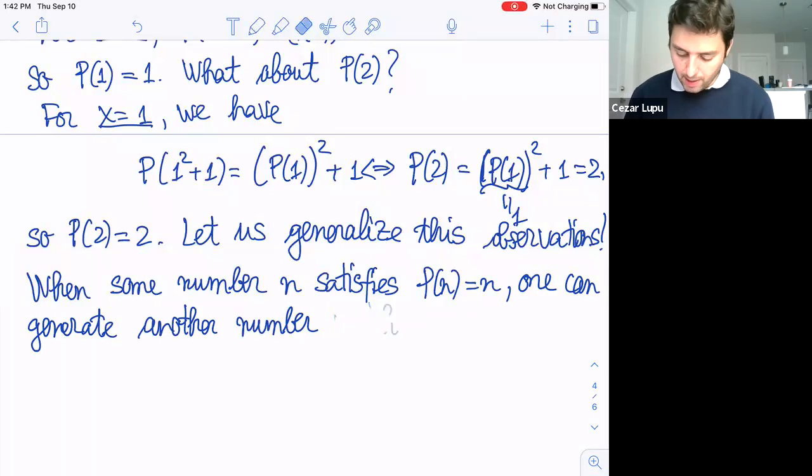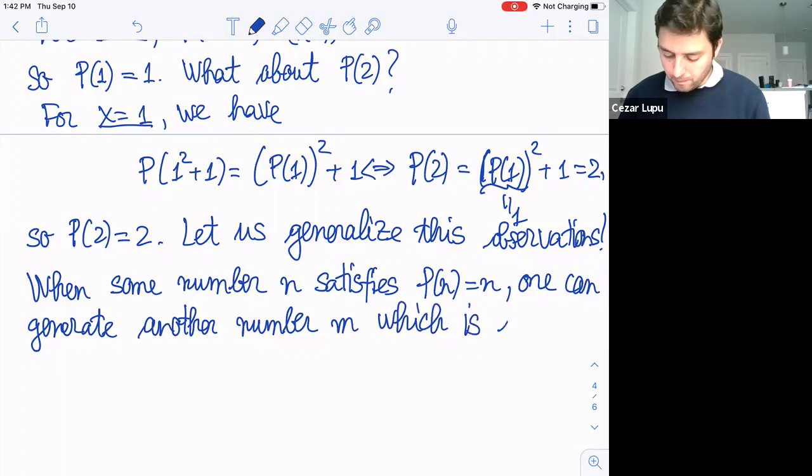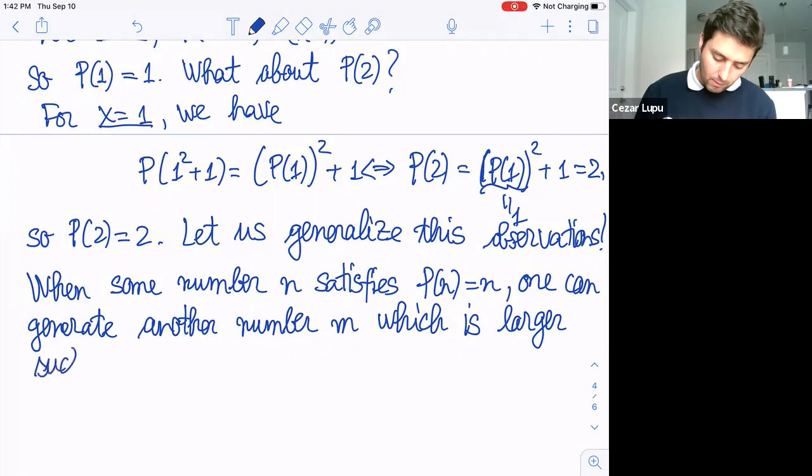Let me call this number m, which is larger, such that P of m equals m, right?